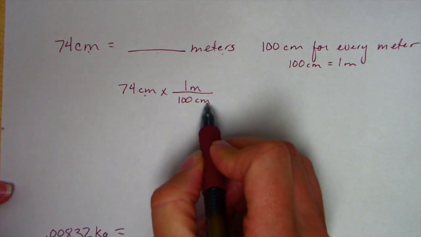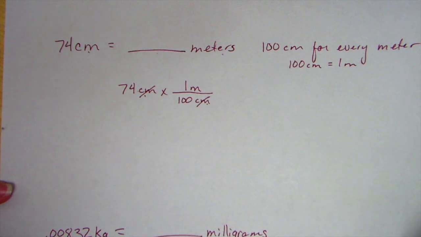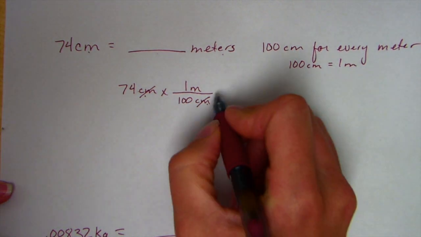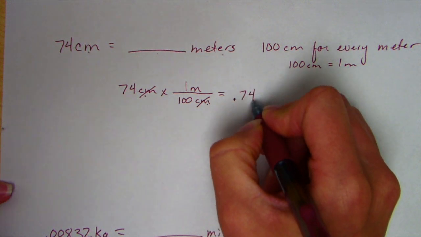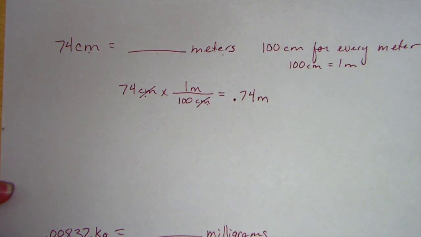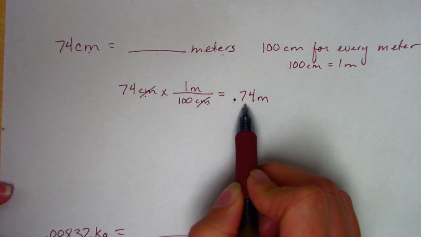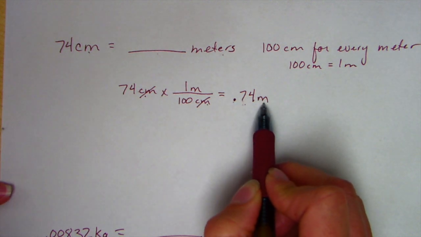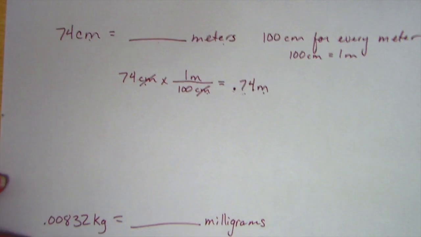To check our work, we can see that our centimeters are both on the top and the bottom of our fraction, so they cancel out. If we do this math, it ends up being 0.74 meters. Now, 0.74 meters is a smaller number of a bigger unit, so this is what we want. This is the correct way to do this.